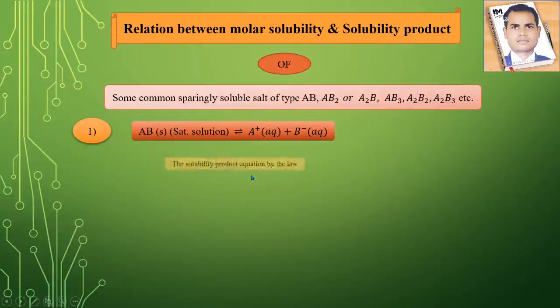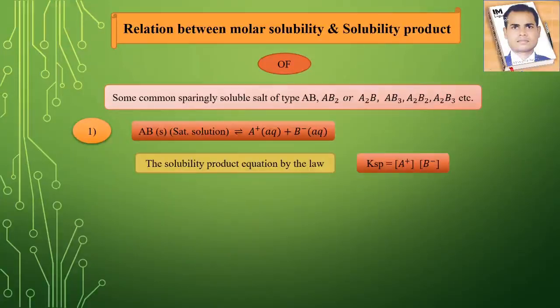The solubility product equation by the law is KSP equals in bracket A plus into in bracket B minus. The brackets mean the concentration of species A and the concentration of species B.